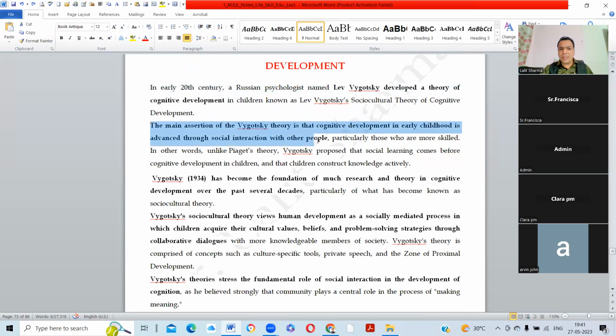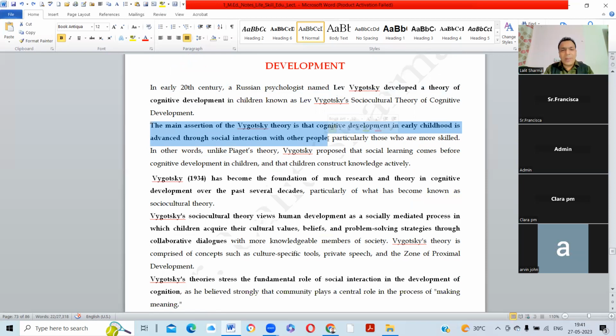The main assertion of Vygotsky's theory is that cognitive development in early childhood is advanced through social interaction with other people. See, the intellectual development is happening through social interaction. Got it?